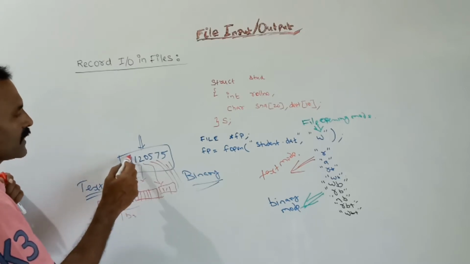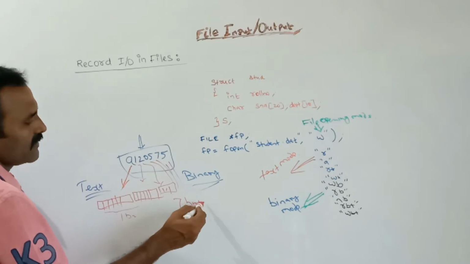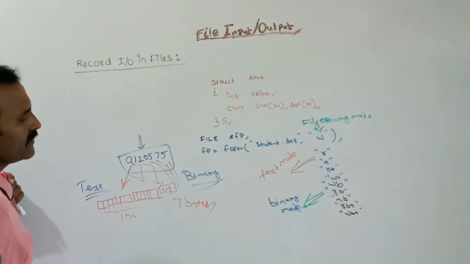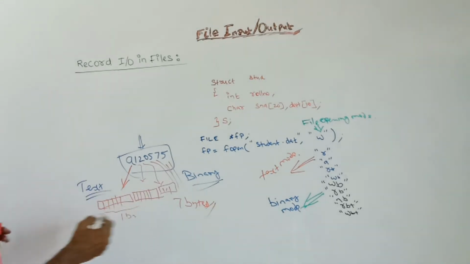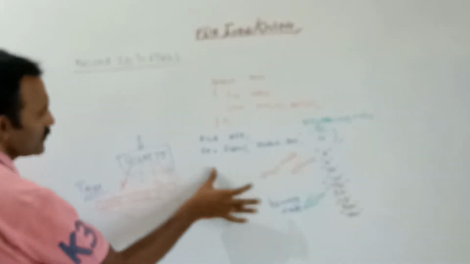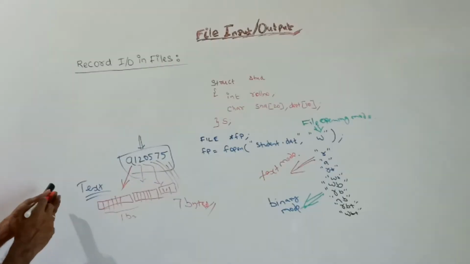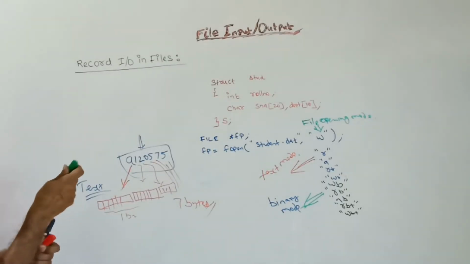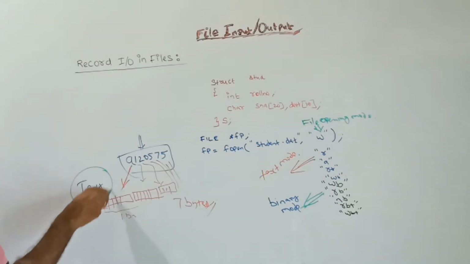So per letter it occupies 1 byte, and totally 7 bytes are occupied by the file. Now let us assume you are writing the same content in binary mode, compared to this text mode.